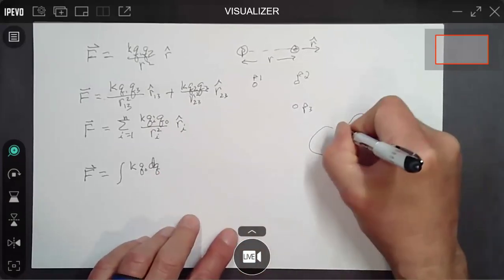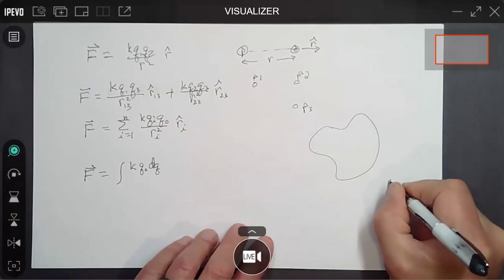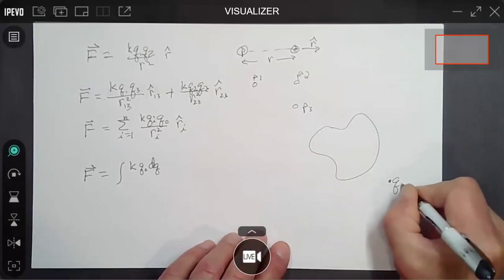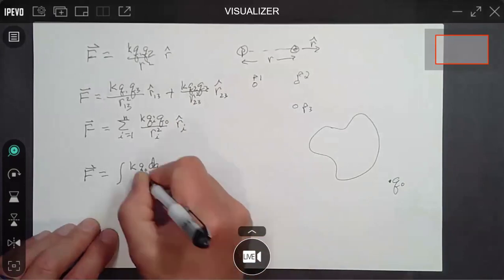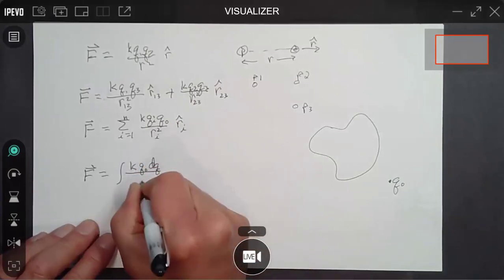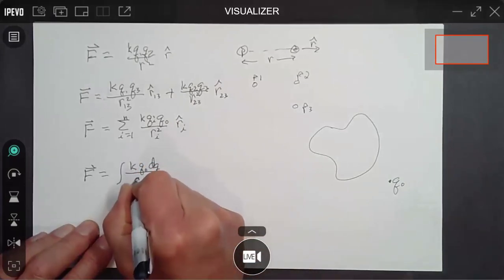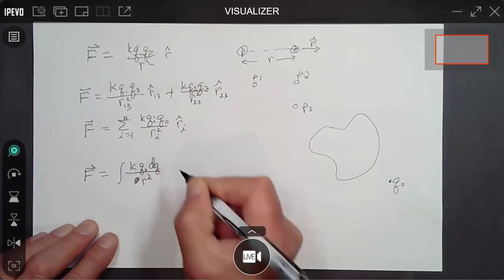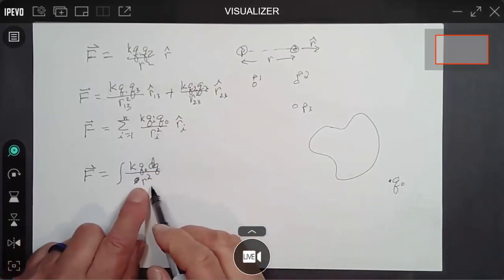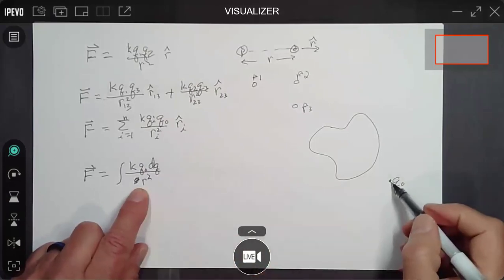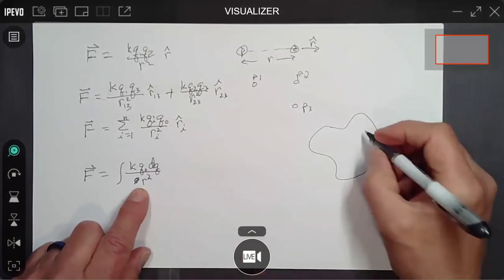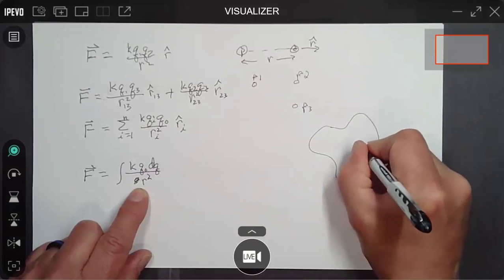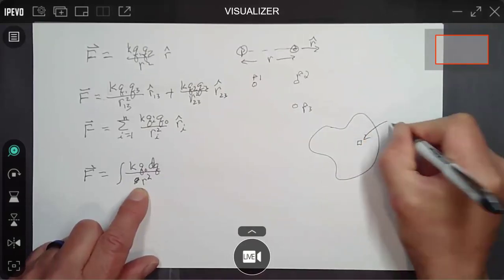And maybe this is q naught sitting down here, and we'd have an r squared, which in this case would be the distance from this charge q sub 0 to some little chunk of charge in here. So maybe that's dq.